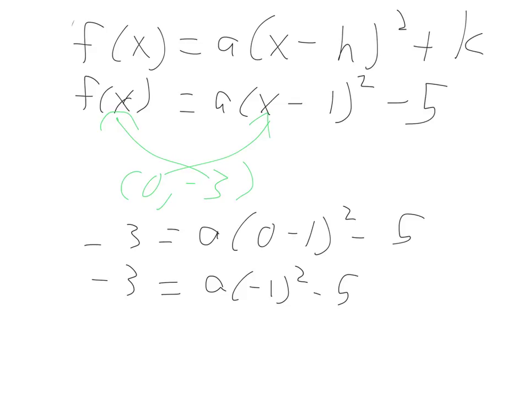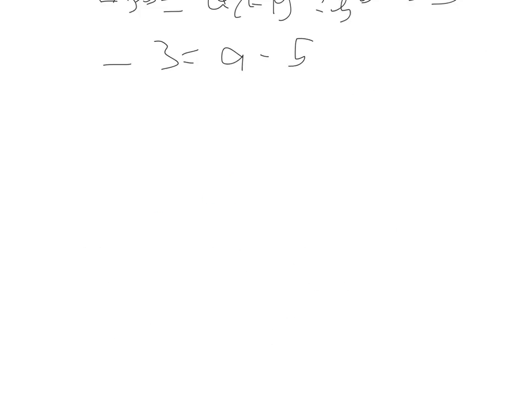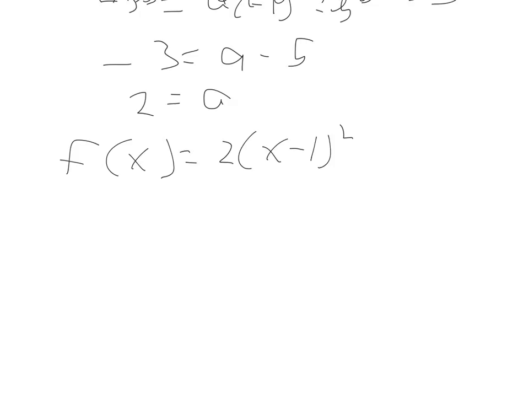Negative 1 squared is just 1, so it would be 1a, or just a, minus 5 is equal to negative 3. And that tells us that 2 is equal to a. So our f of x is equal to 2 times x minus 1 squared minus 5.